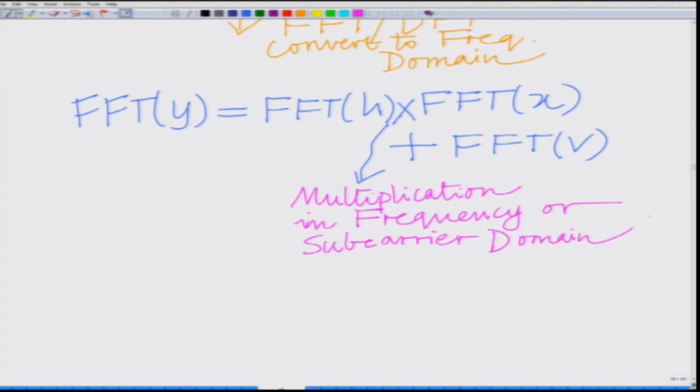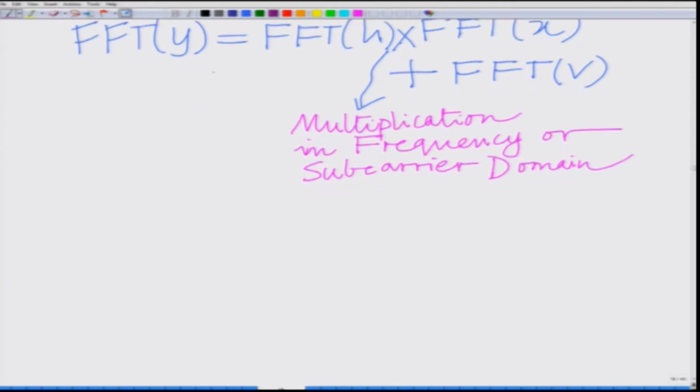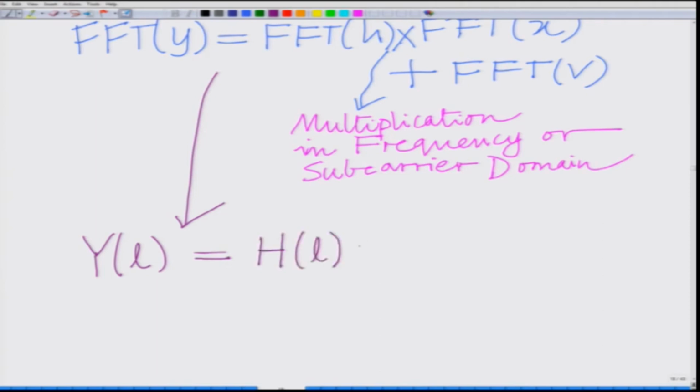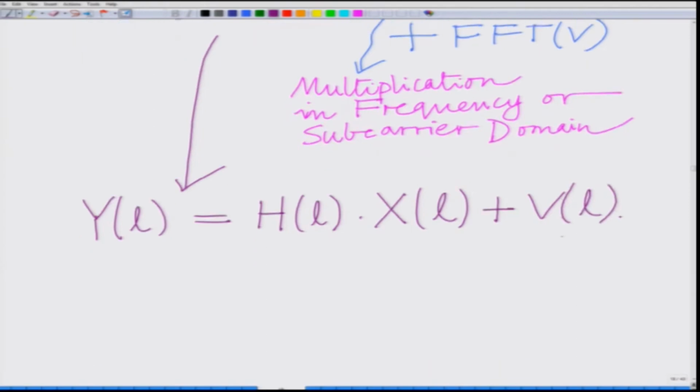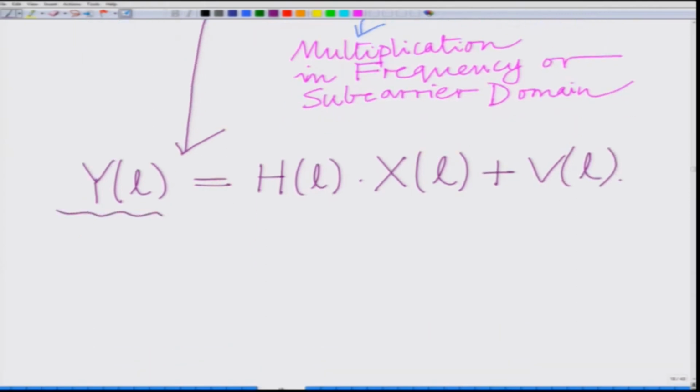So, in the frequency domain it is a multiplication, which means now if you look at the lth subcarrier, I have Yl, that is in the frequency domain across the lth subcarrier, is the product Hl times Xl, which is the symbol transmitted across the lth subcarrier, plus Vl, where Yl is the output symbol.